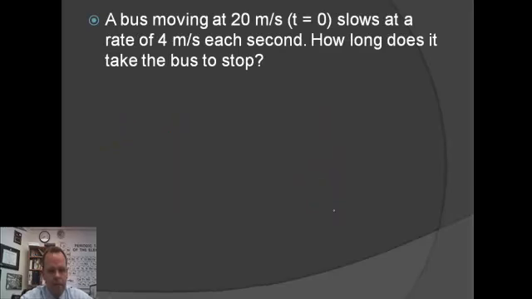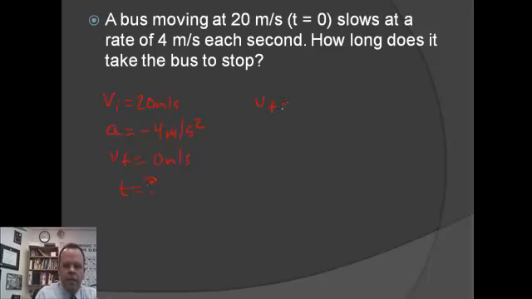Here's another problem. Give this one a try. Okay, our starting information: initial velocity of 20. And acceleration, it is slowing down, so we know the acceleration must be negative. We want to figure out when it comes to a stop, so the final velocity would be 0. And we're looking for the time.